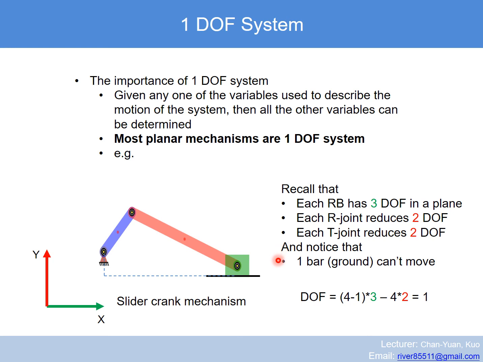Therefore, the total degree of freedom of the system is again 3 times 4 minus 1 minus 4 times 2 equals 1. Now we have proved that these 2 planar mechanisms are 1DOF systems. And in the next video, we will show you how to perform kinematic analysis on these systems by deriving the constraint equations for these mechanisms.